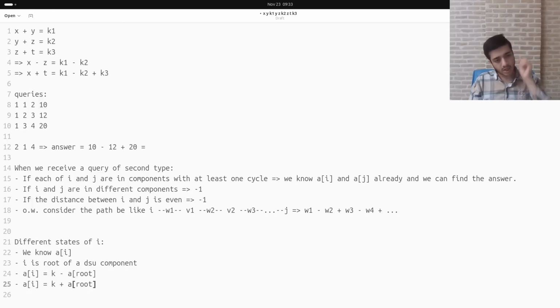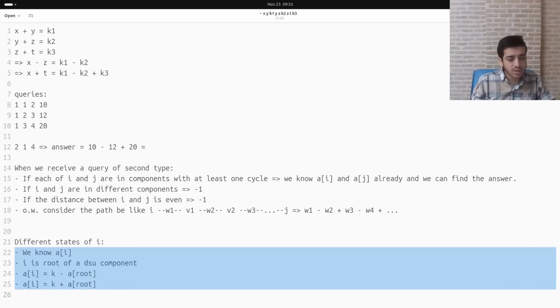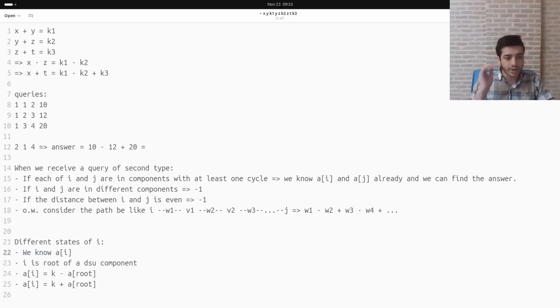Is that clear? For sure we can find that at each moment one of these cases is going to be the state of A_i.